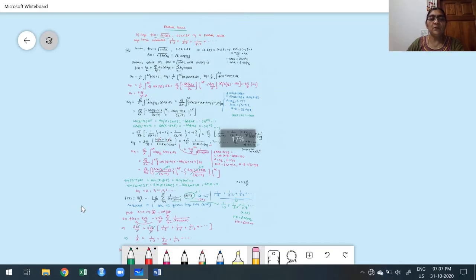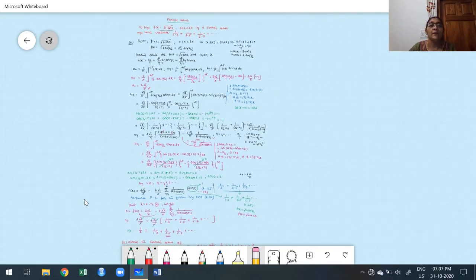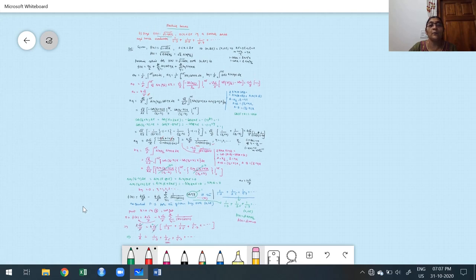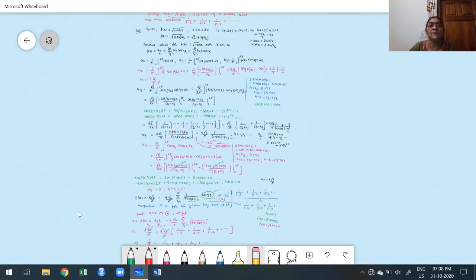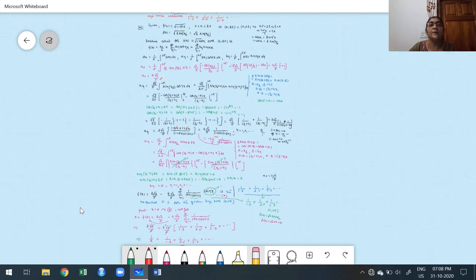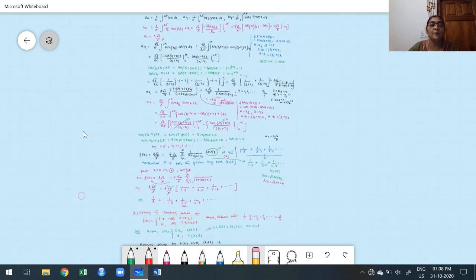Once you zoom out too much, you are not able to see. See, this is the entire problem visible on one screen, but the font size is not too big. Observe carefully. This is the entire problem, what I considered today as the first problem.